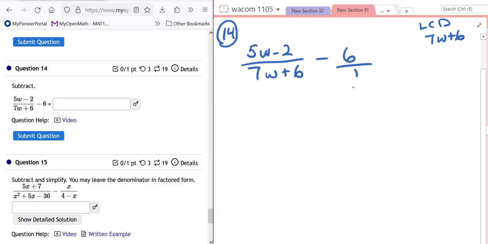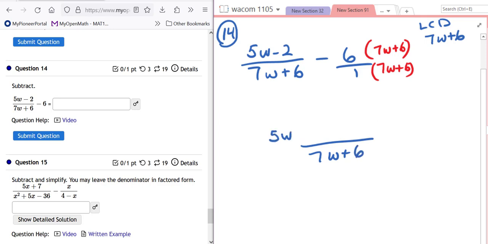The second one is going to need a 7w plus 6 and a 7w plus 6. We will keep the common denominator, 7w plus 6. Combine the numerators, so these are good. 5w minus 2. Bring it down.